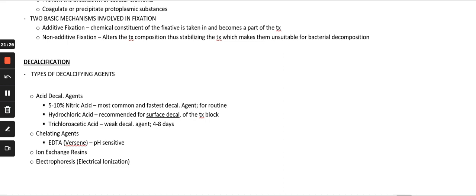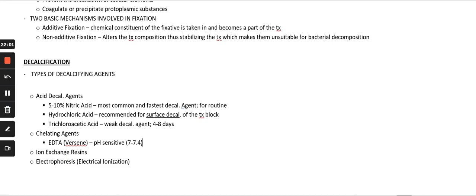When we say EDTA is pH sensitive, it usually works at a pH of 7 to 7.4. Now, nganong dili man lower, nganong dili man acidic, right?